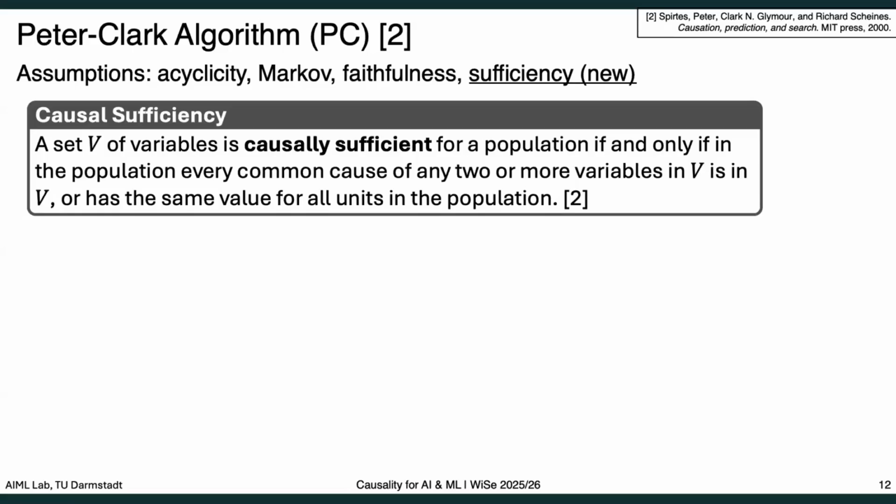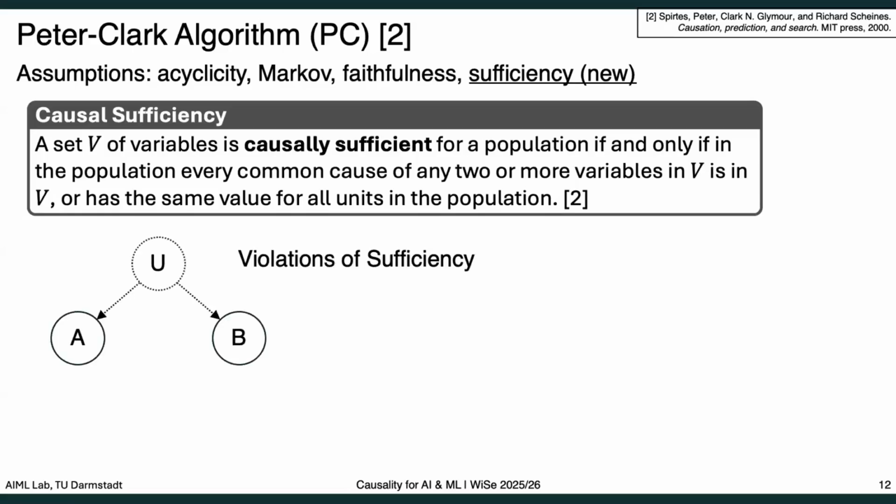So let's maybe immediately jump to a small graph. Let's say our data set consists of the variables A and B, but there is another variable, U, but U is unobserved. So U is not part of the variables we are seeing. If we would do causal discovery on this very, very small example, where we have data over A and B, what would our independency tests tell us?